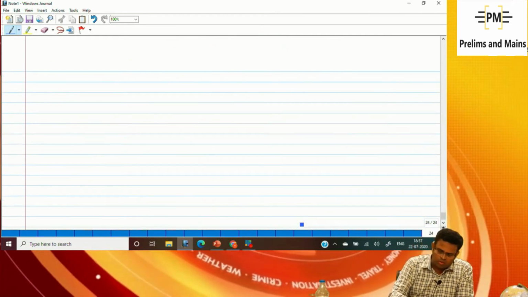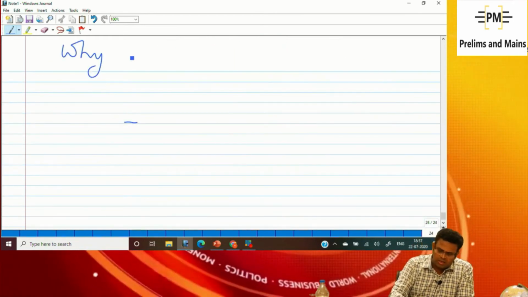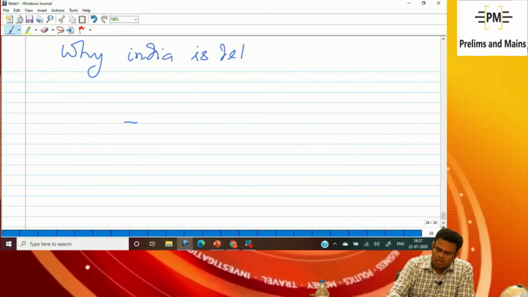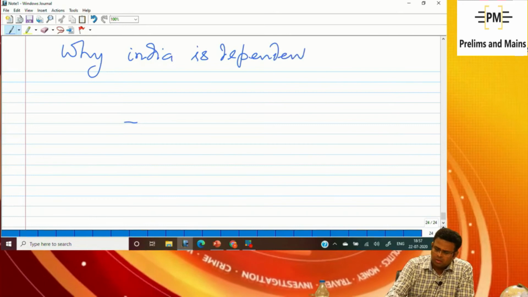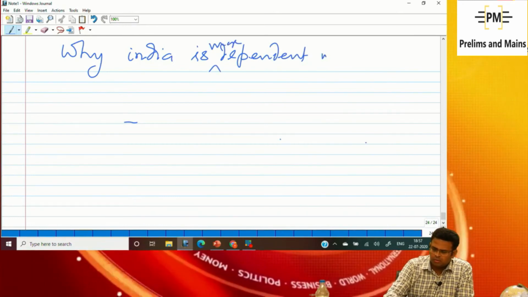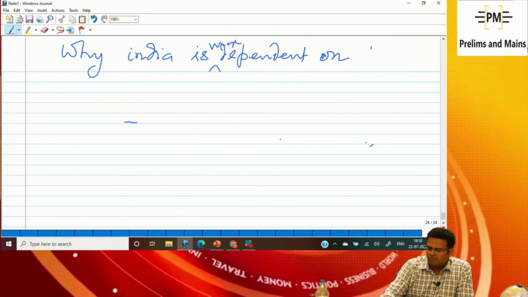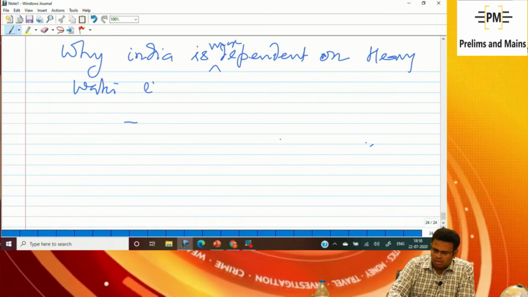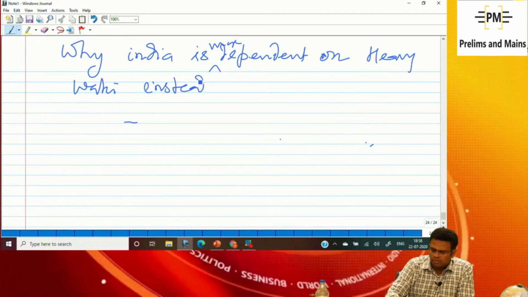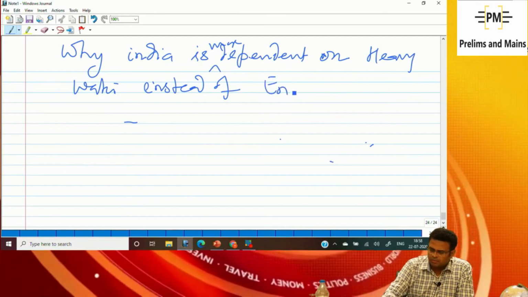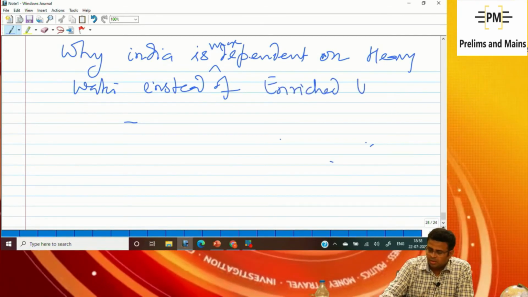My question is, why is India more dependent on heavy water instead of enriched uranium?